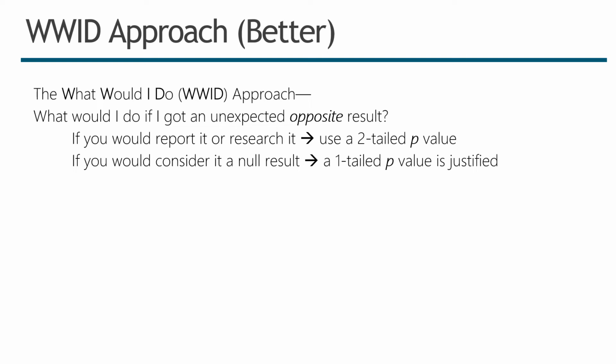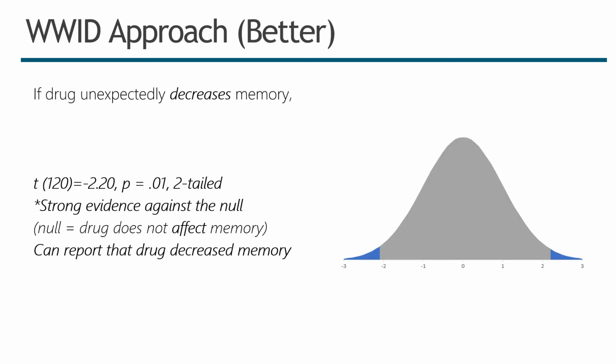If, on the other hand, they would consider that opposite result to be uninteresting, just like a perhaps null result, then a one-tailed p-value would be justified. Returning to our previous example, if a drug unexpectedly decreased memory, a researcher would have the ability to report that as strong evidence against the null hypothesis that the drug has no effect on memory. They could then conclude and report that the drug decreased memory in their study.